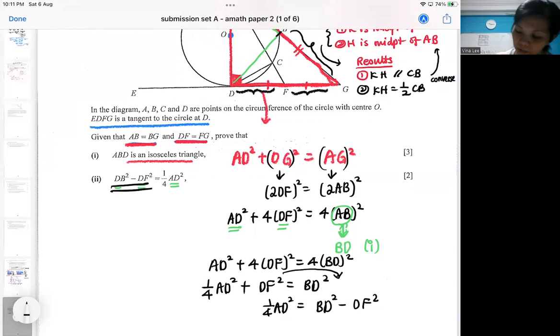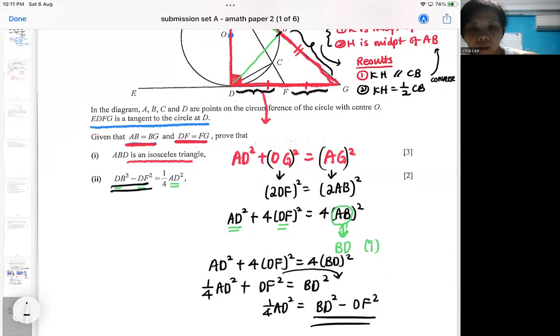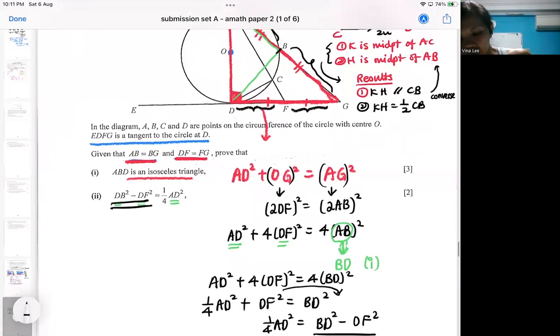So I gotten exactly the same thing. So it starts off from the Pythagoras theorem. And of course, the Pythagoras theorem is even a choice. There's a choice with 3 right angle triangle. So you got to choose. So I choose the one that I can make use of the same length. And then I twisted the length because I also got part 1 to help me. So that's how I eventually prove it.